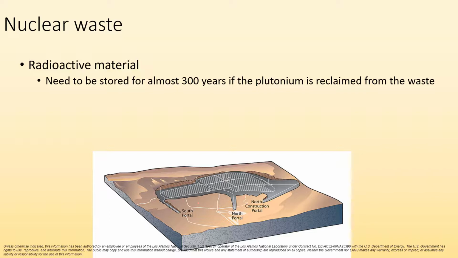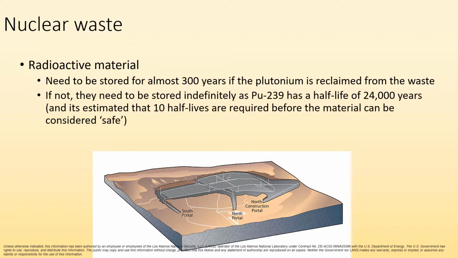So if you reclaim the plutonium, you only have to store the waste for 300 years. Only 300 years. Whereas if you don't reclaim the plutonium, the half-life of the plutonium-239 isotope is 24,000 years. And it's estimated that you need to give it at least 10 half-lives before the material can be considered safe. So you pretty much have to store these things forever, which is a real problem.